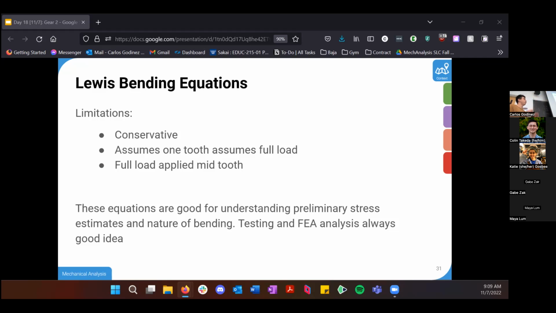It assumes one tooth is taking the full load of the entire gear train, and that the full load is applied to the middle of the tooth, right where the pitch circle meets the diameter. It's very good and useful for a first pass understanding of what your stress state is going to look like and what the nature of bending is. However, you should verify this with either testing if you can, or some FEA models with more than one element per tooth.